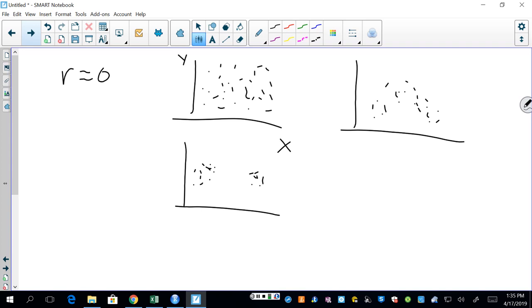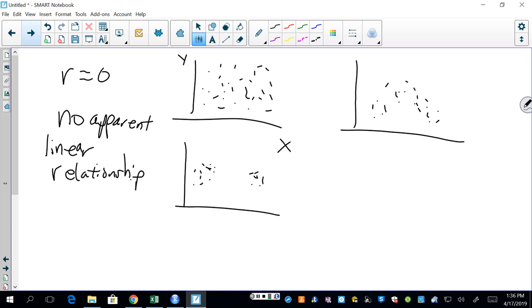And if it's level there, it's not really going to go up and down. You don't necessarily know what's happening in the middle. It could be a strong relationship, steeply up or steeply down, or something like that. So a number of things could be no apparent linear association or relationship. But in the other cases, the closer it gets to 1 or -1, the stronger it is. So I wanted to look at a few examples and some data.